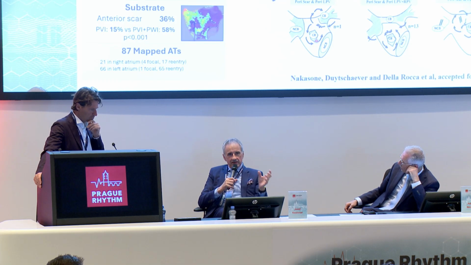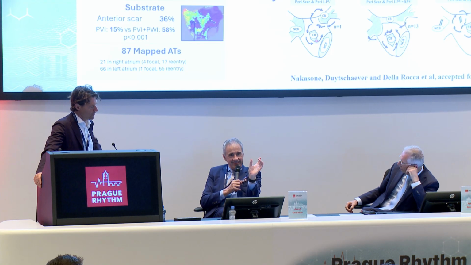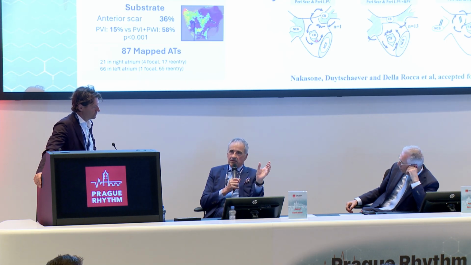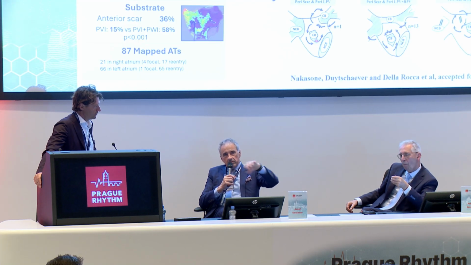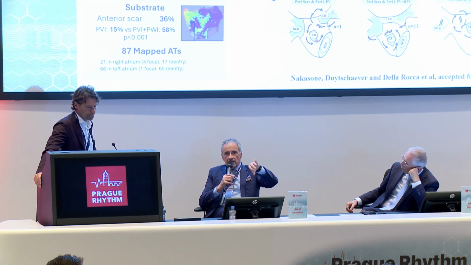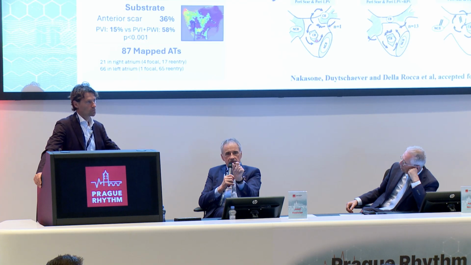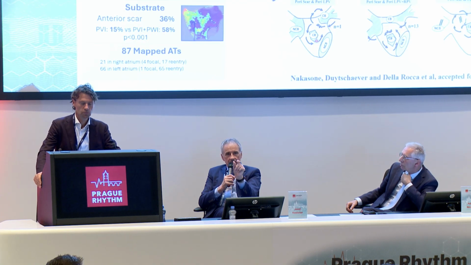If you have printouts, like my technicians do 3D printouts from CTs, the atrium is actually small like this. The posterior wall is very small. So if you take a 35 millimeter tool, with 1 or 2 applications you can cover most of the posterior wall. So if you do some PV isolation, antral isolation, both circles can be very close together on the posterior wall.